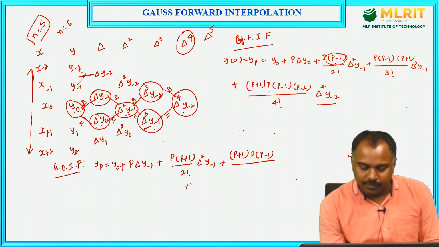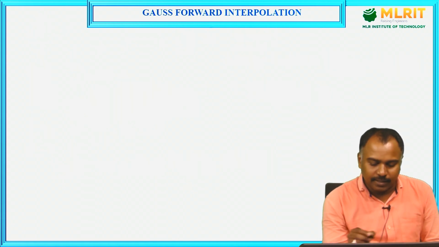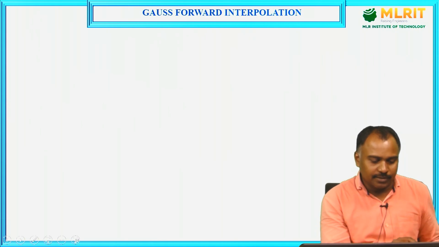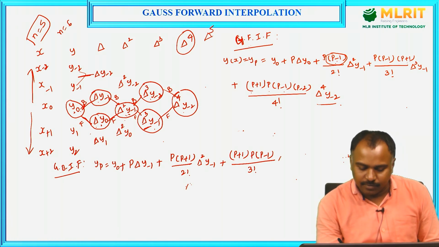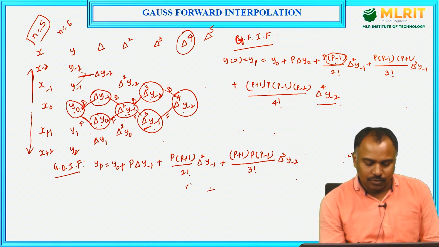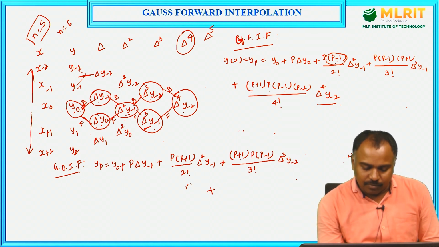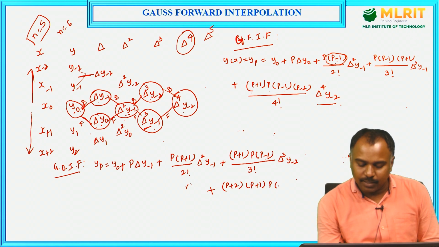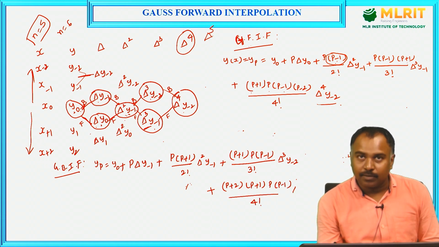Then 3 factorial, where the term is delta cube y minus 2. We have one more term. Previously negative, now it is a positive side increment: p plus 1, p plus 2, p minus 1 by 4 factorial, delta power 4 y minus 2.